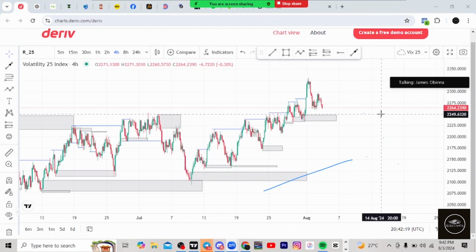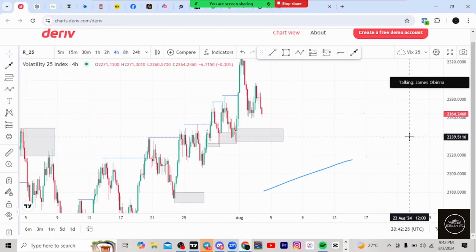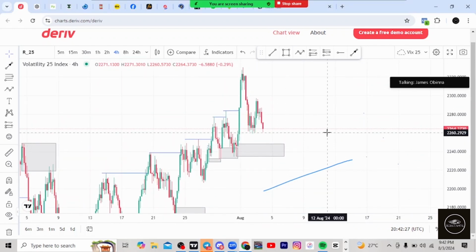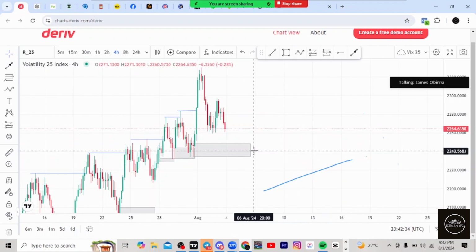It all depends on your entry model. Once you are okay with this zone, first of all you have to know how to calculate your zones. That's your stop loss, that's your risk on a particular trade. Once you are okay with it, you can just enter. Sometimes markets might not give you a confirmation entry and just start moving in your direction.